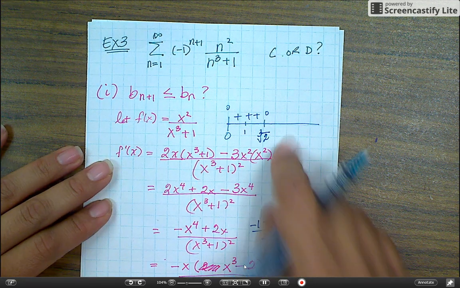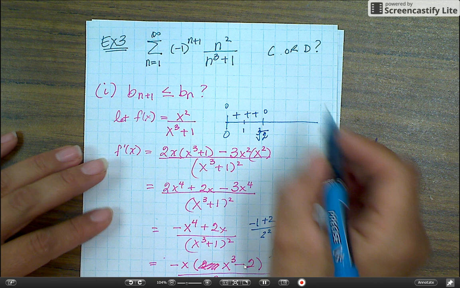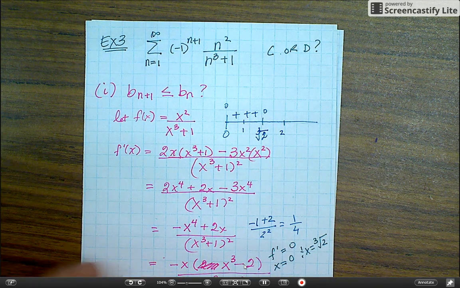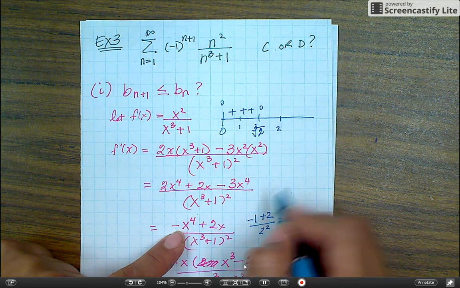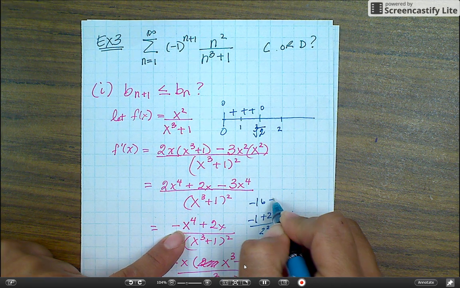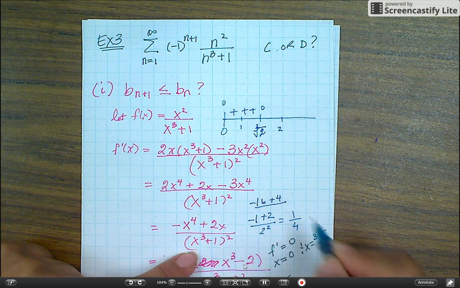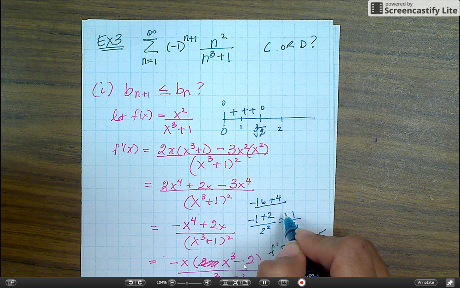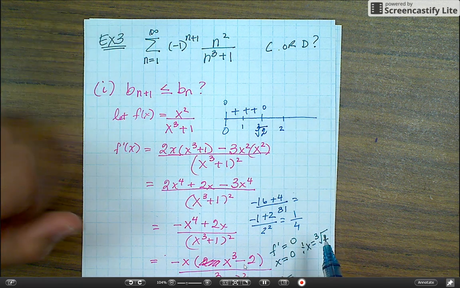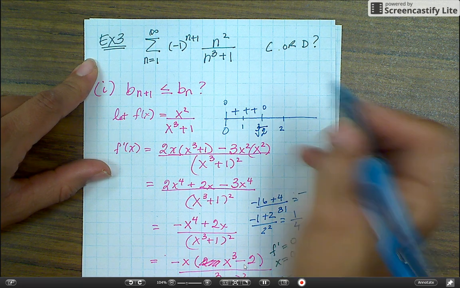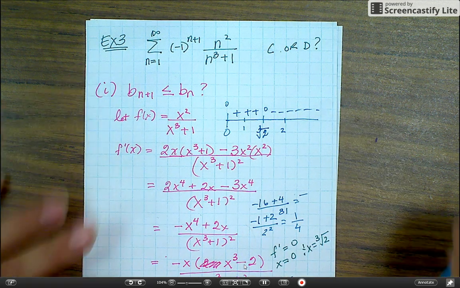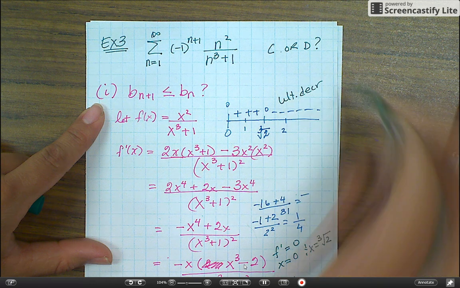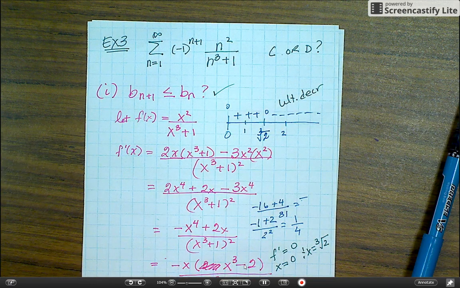And if I do cube root of 2, well, 2 is bigger than cube root of 2. So let's say 2 to the 4th is 16, so negative 16 plus 4 divided by, what's 2 cubed? 8 plus 1 is 9. 9 squared, what's 9 squared? 81, thank you. That is negative. Okay, so in this situation, it's ultimately decreasing. So that's satisfied.